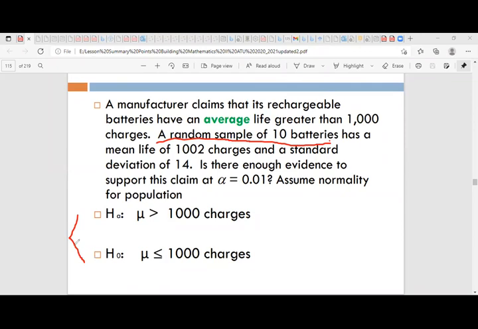So for example, the manufacturer claims that its rechargeable batteries have an average life greater than 1,000 charges. This is the claim made by the manufacturer. And because that is the claim, and you are interested in finding out whether the claim is true or false, it becomes a research for you.